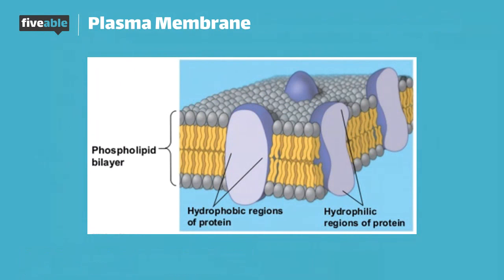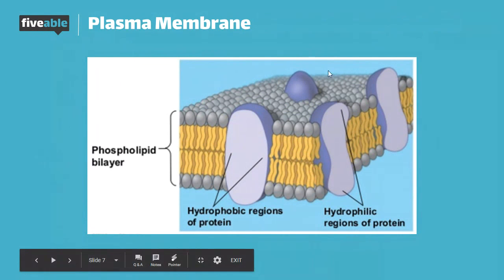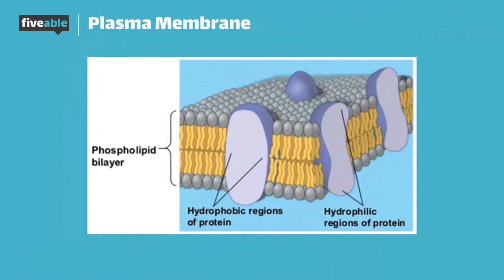But it's important to know that not only do we have this kind of sea of phospholipids, right, which we can see for sure, but we also have these proteins that are doing other specific jobs for us within this. Because if the entire membrane was just as selective as this phospholipid bilayer, things like water would never be able to enter or exit the cell.